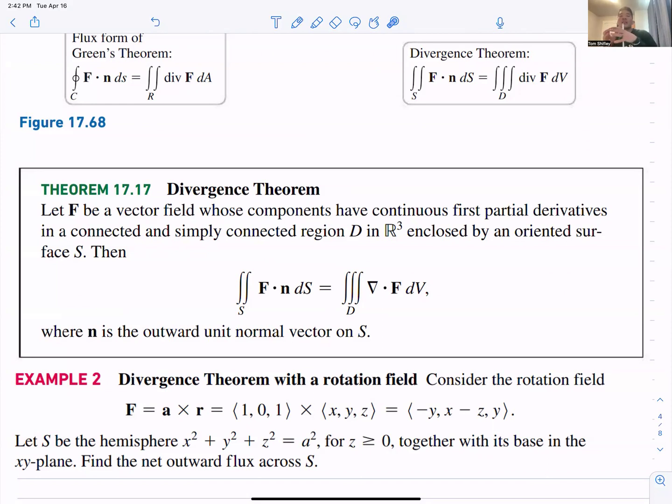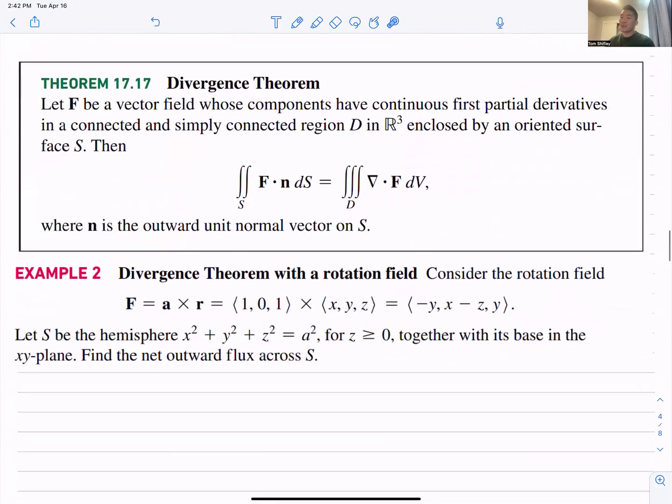Instead of doing the flux integral through that surface, you can instead do a triple integral of the divergence of the vector field over the domain D that it's enclosing, and N here is just the outward facing normal. So if you enclose a region, the outward facing normal is the one that's on the outside of the surface.